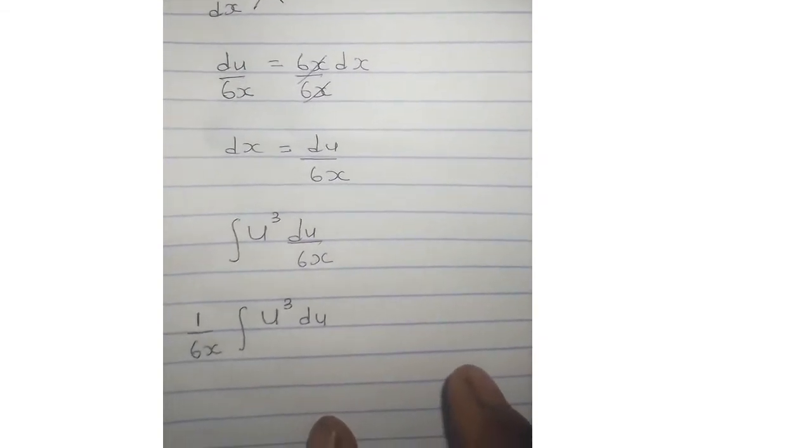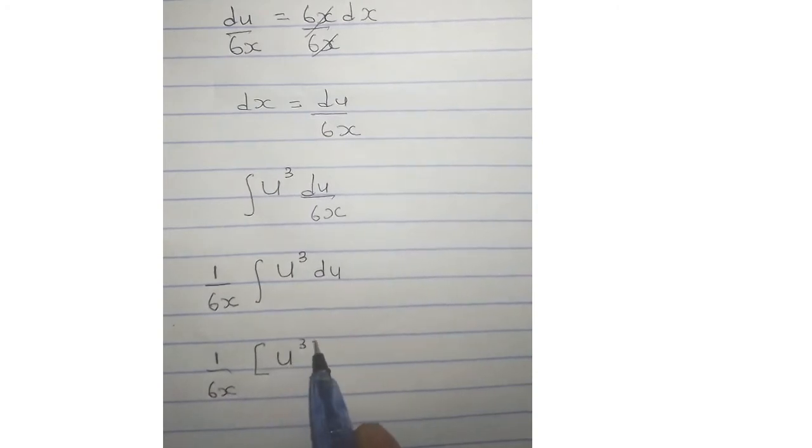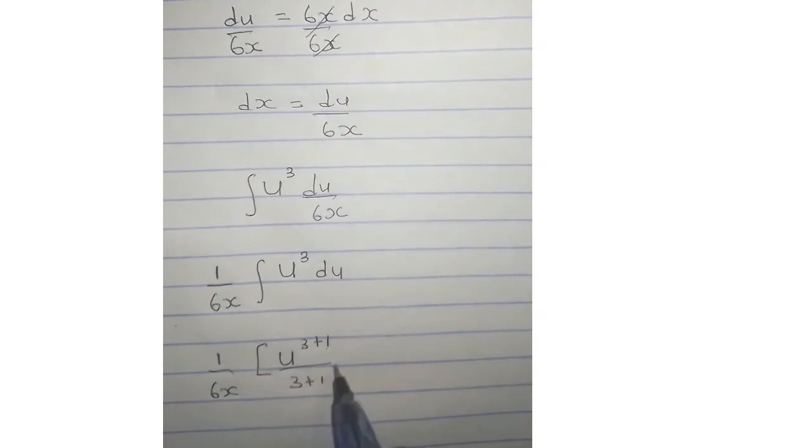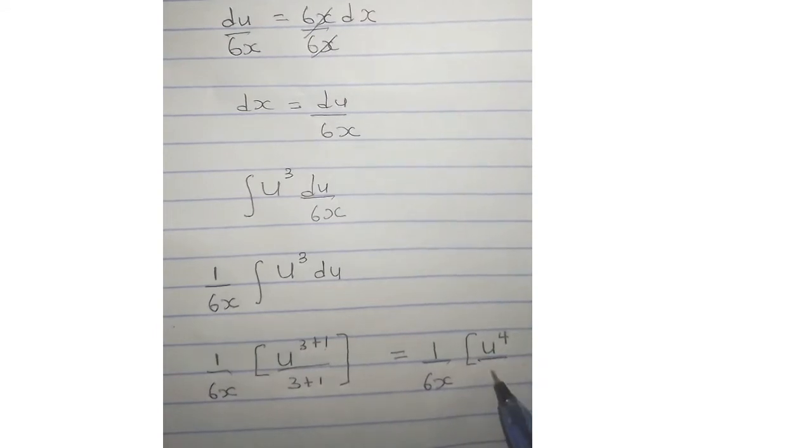So we can also rewrite this as 1 over 6x times the integral of u to the power 3 du. Now when we integrate this, we're going to have 1 over 6x times u to the power 3 plus 1, all over 3 plus 1, which is going to give us 1 over 6x times u to the power 4 all over 4.